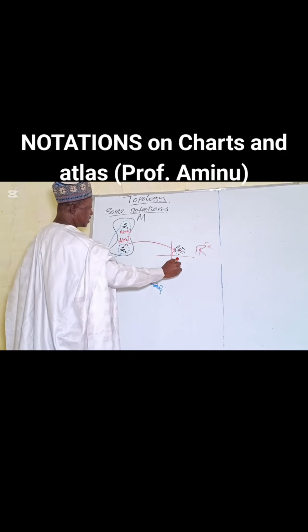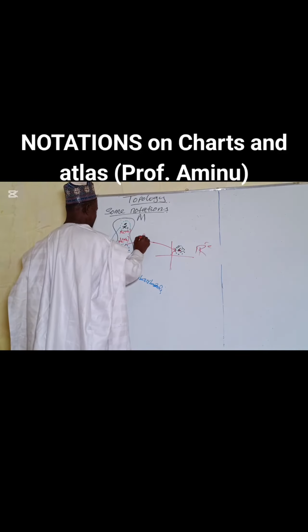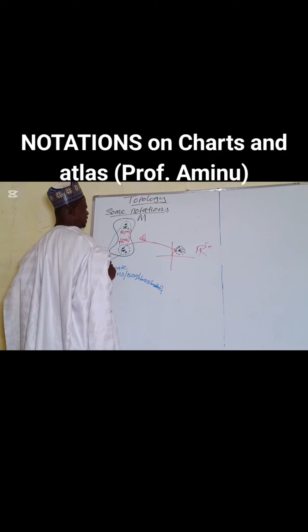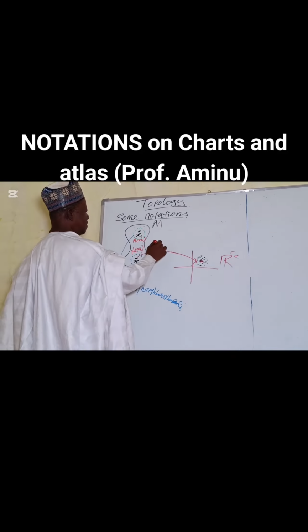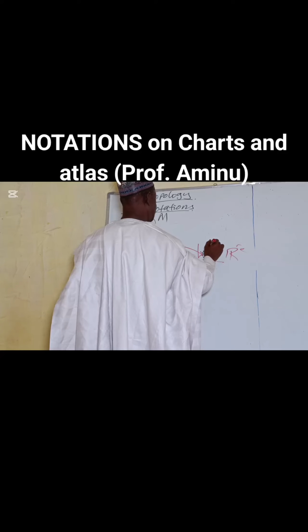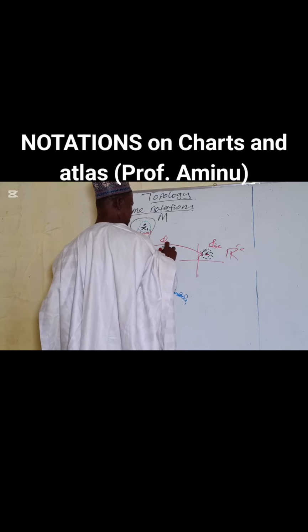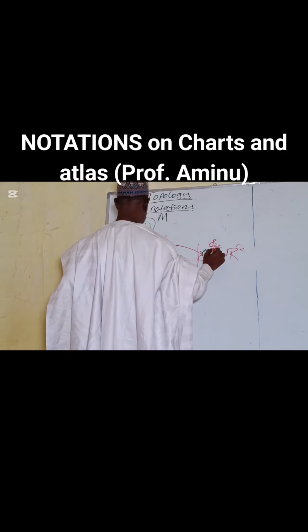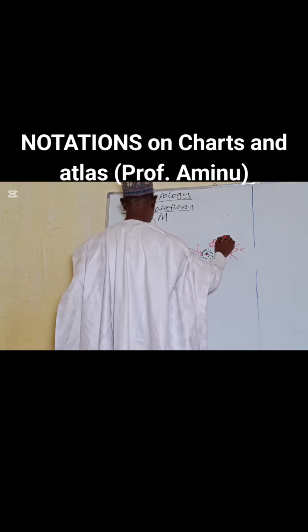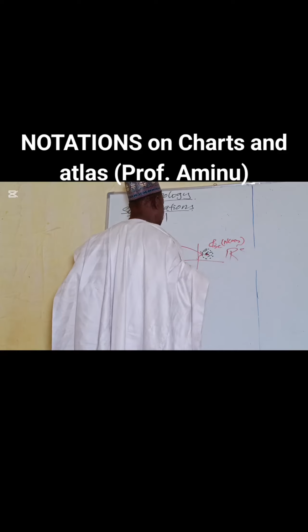And now translate them to R2 by a map. Let me call it phi X. So a map phi X of N of X2.